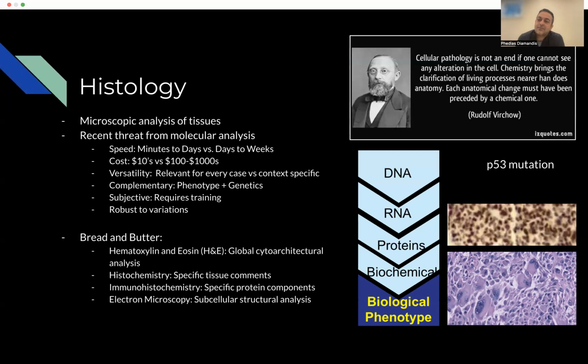Another, the second part of this statement, which I think is important as we talk about artificial intelligence and computational pathology, is that he mentions that each anatomical change must be preceded by a chemical one. So here's an example of a glioma with very ugly nuclei. Some are binucleated, some are extremely atypical. And that's very abnormal.